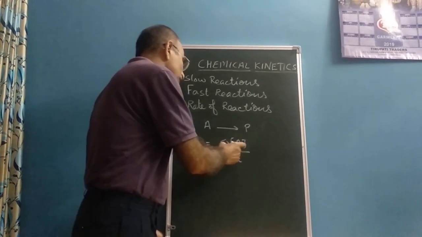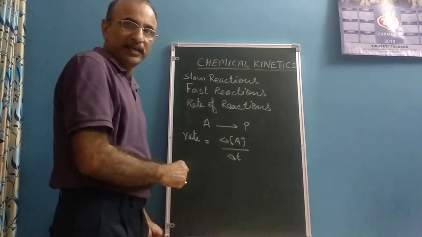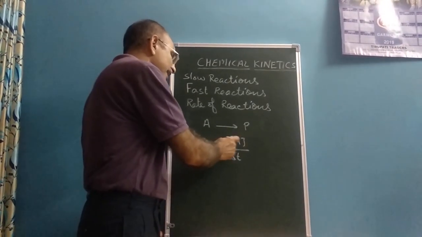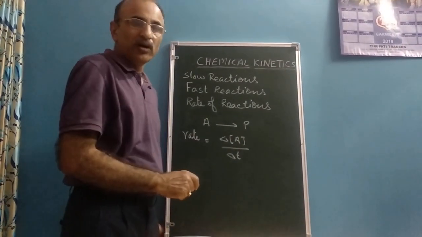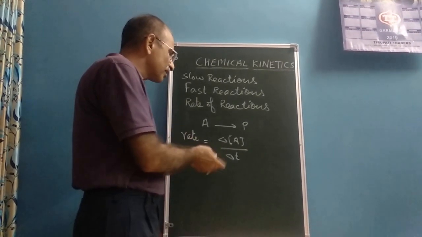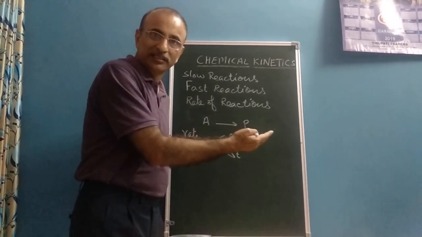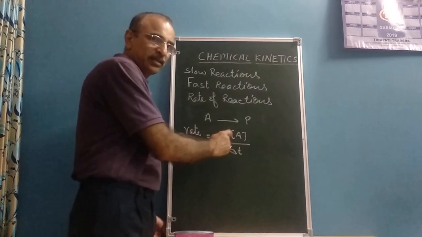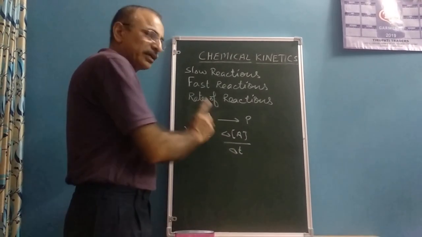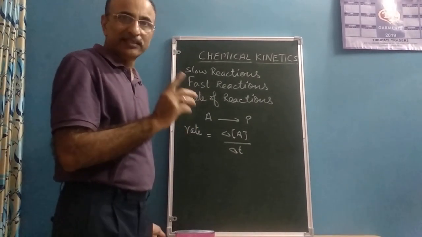But whenever you mark delta A as the concentration of A undergoing change with respect to time t, in that case you have to put a negative sign on the reactant side.